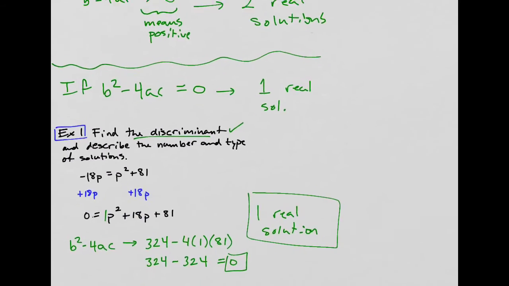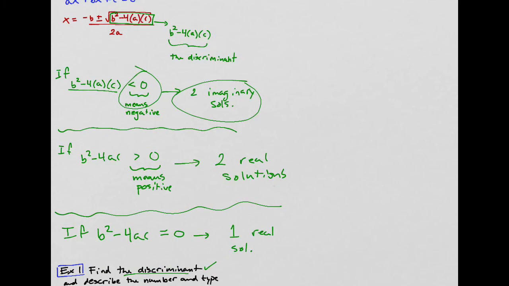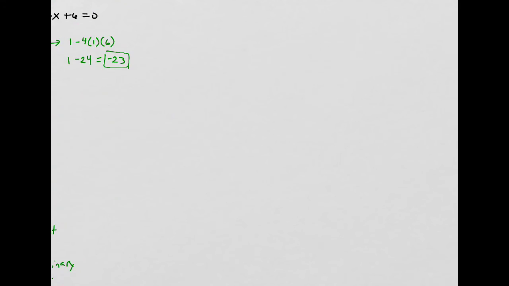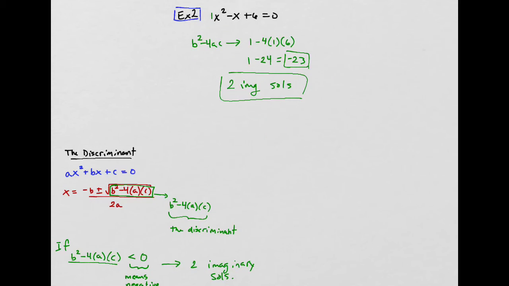And look at that: two imaginary solutions. The discriminant is negative, so I have two imaginary solutions. It's that easy. This means it never crosses the x-axis. And then the other one is just when it's positive. It's so simple.